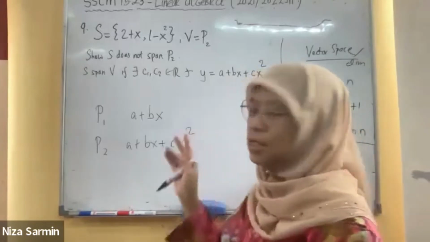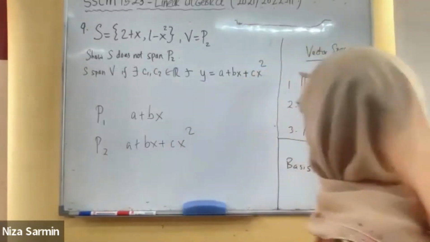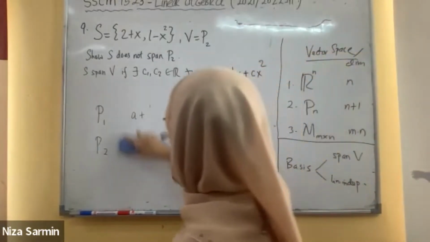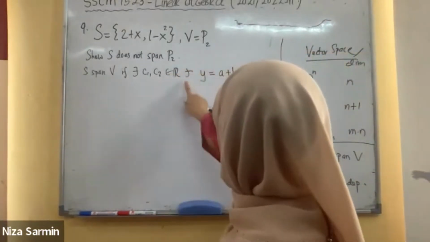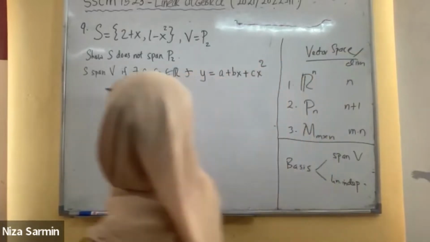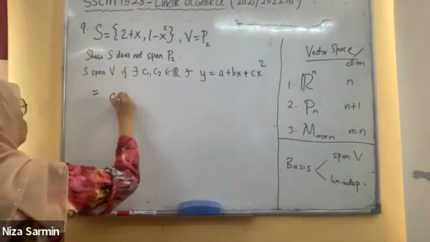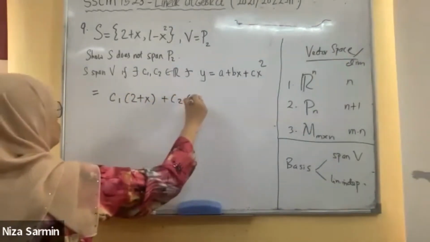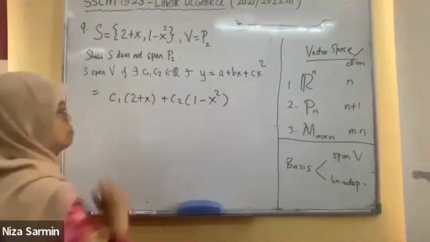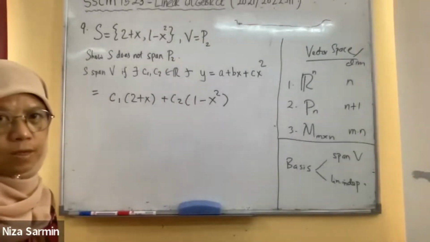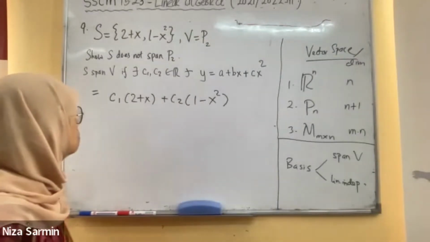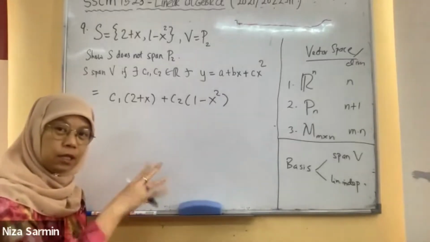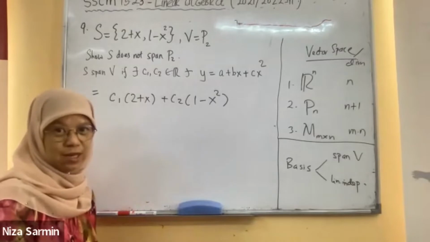So this is actually similar to R. Okay, so that is why I get this, such that y equals C1 (2 plus x) plus C2 (1 minus x). Then again, we can multiply and then we add and then we equate, right?